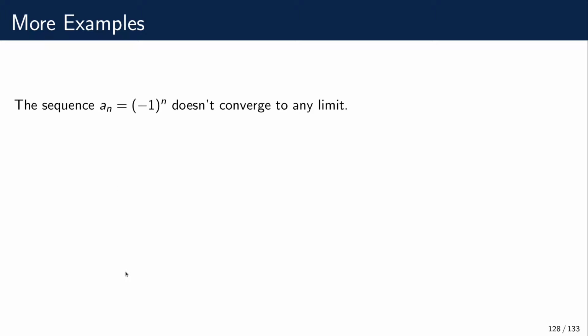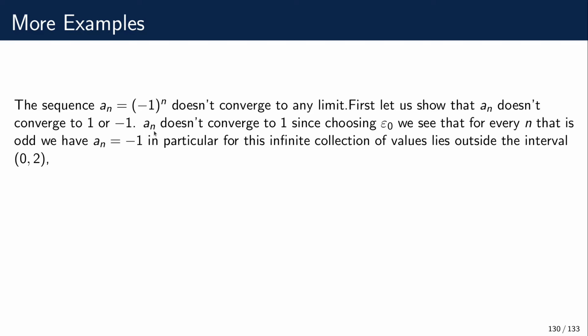So, for example, let us go to the sequence that we've seen at the beginning, an, which is minus 1 to the power of n. This sequence does not converge to any limit, and let us prove it, right? First, let us show that it converges neither to 1 nor to minus 1. So an doesn't converge to 1, since we can choose, for example, epsilon 0 to be 1, right? Then the collection of all the points whose distance from 1 is smaller than 1 is this interval from 0 to 2, right?